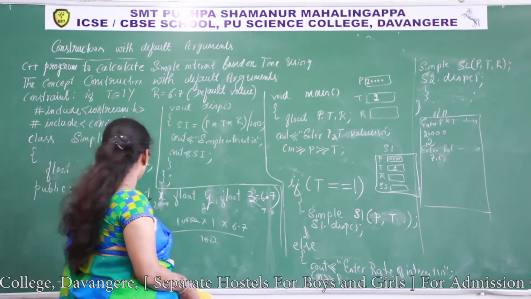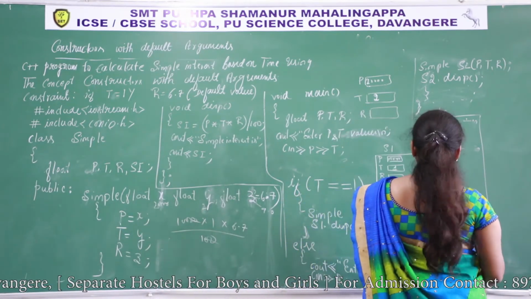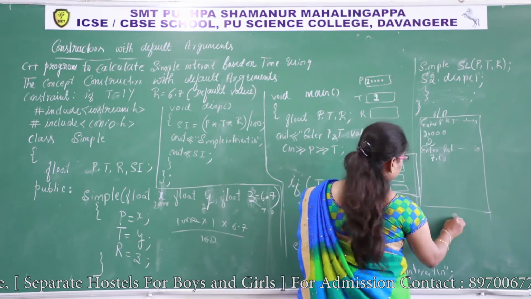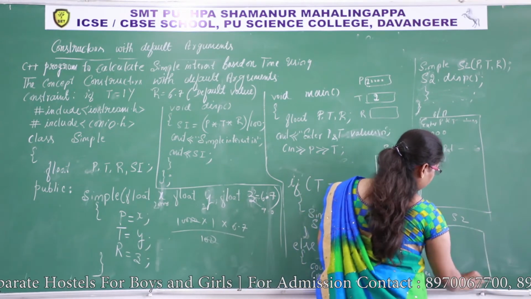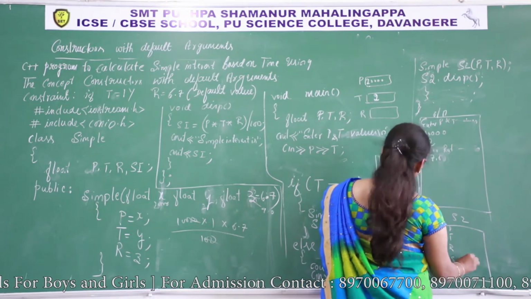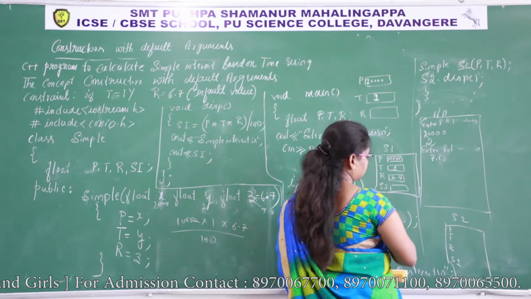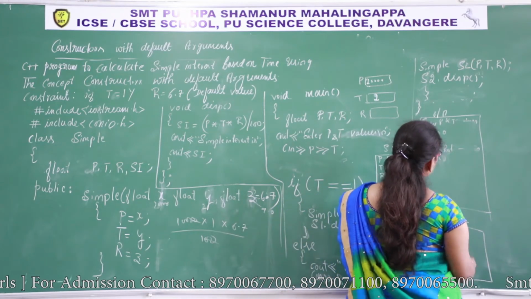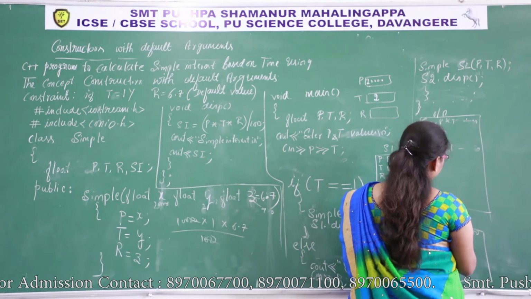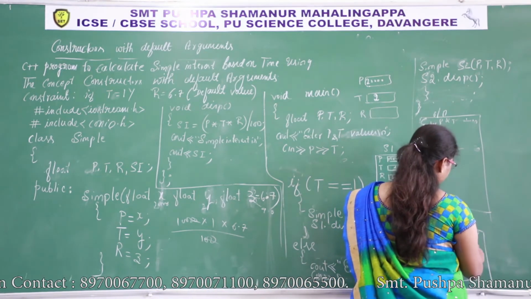Again these values are copied to another object s2, which also has these data members p, t, r and si. Here p value 20,000, t value 2 years and r value 7.0.